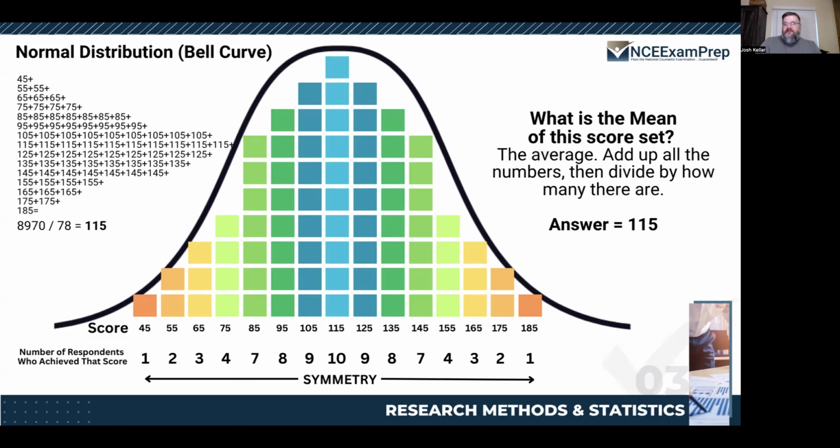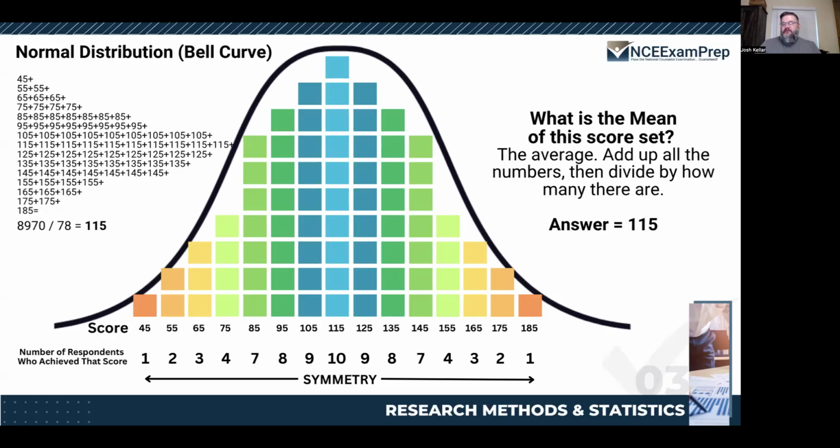It'd be easy if everybody scored the same to know what the mean score was. It'd be the same. If 5 people each scored 5 on an exam, then the mean would be 5, right? 5 scores of 5 is 25 total points divided by 5 test takers means that each one gets 5 points. But suppose one person gets 5, 2 people get 4, and 2 people get 3.